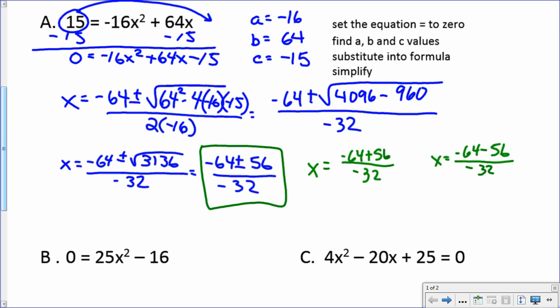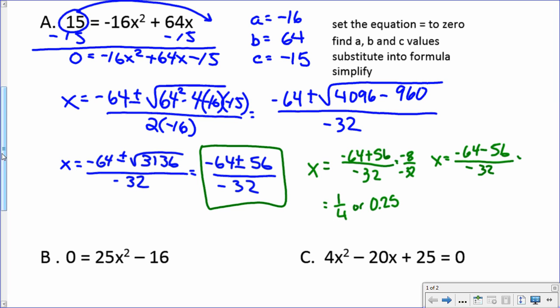Negative 64 plus 56 is negative 8. Negative 8 over negative 32 ends up being 1/4, or 0.25. So that worked out pretty nicely.